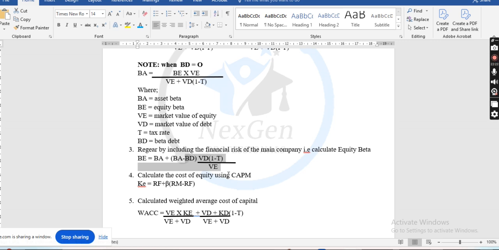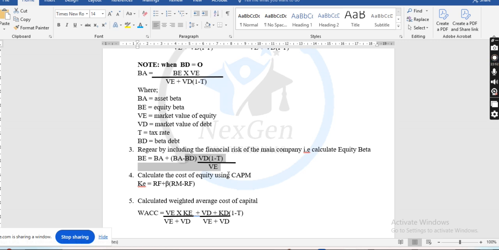Now, from that BD times VD times (1 minus T) divided by VE, that side is the financial risk of the main company. So the beta debt will be for the main company, the market value of debt will be for the main company, the tax will be for the main company, and VE will be for the main company, because you are adding the financial risk of the main company to the business risk.